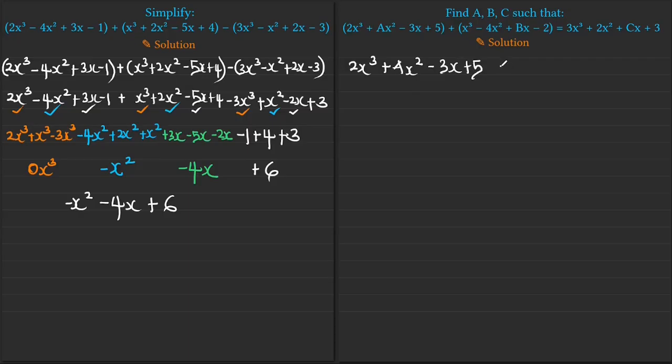And we are adding it to this particular one, which is x cubed minus 4x squared plus bx minus 2. If you have to add this together, since now you understand how to add, I'll just go straight forward. 2x cubed plus x cubed gives us 3x cubed.